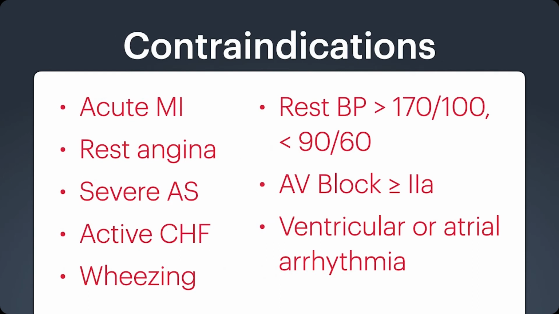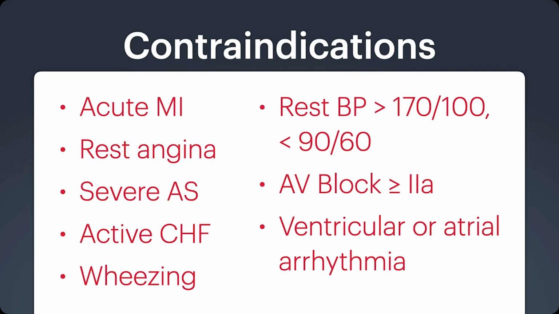Now, there are some contraindications to performing an adenosine stress test. So patients who are suspected of having acute MI, we don't want to do this because by administering adenosine, it can actually exacerbate their ischemia, and patients may end up having a more severe infarct.